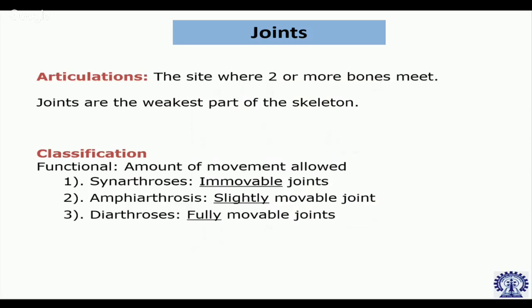We can classify these joints based on function and the amount of movement that is allowed in the joint. There are three types: immovable joints, slightly movable joints, and fully movable joints. These are synarthrosis, amphiarthrosis, and diarthrosis respectively.